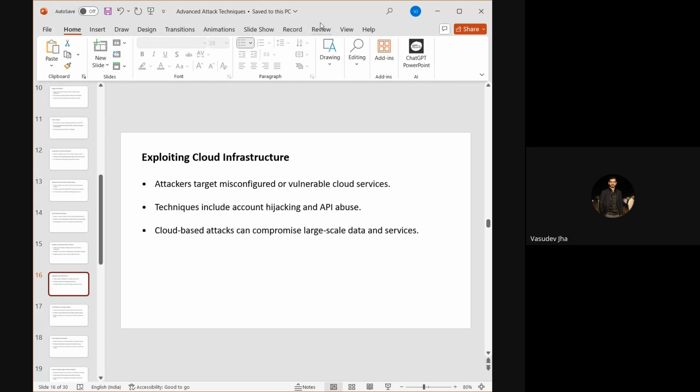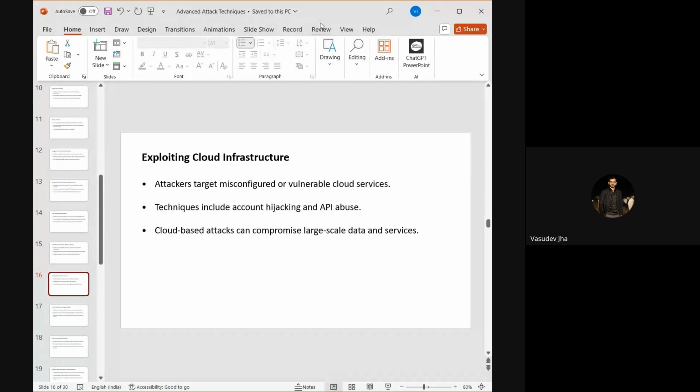When we are using cloud technology, we are basically going for API. We are relying on that. By that API only we are communicating or transferring the data. So an attacker can misuse that API, or if we have some security misconfiguration, the attacker can hijack.